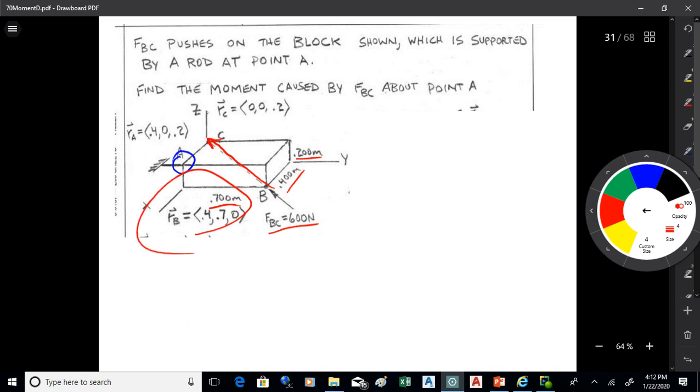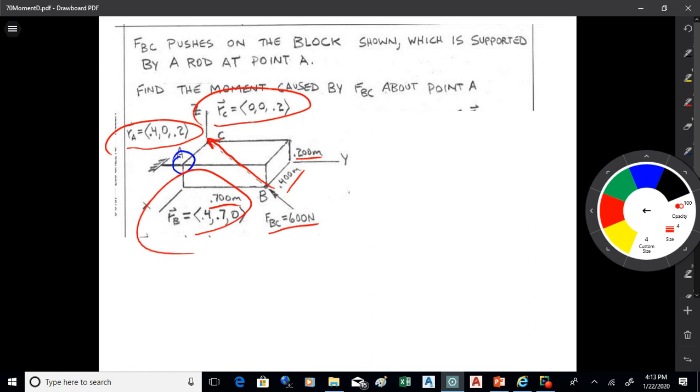I've got the coordinate of B: 0.4, 0.7, and 0. I've got coordinates on all these points. I've got RA, 0.4, 0.2, RC, 0, 0.2. All right, so what I want to do here is find the moment of that force about point A.